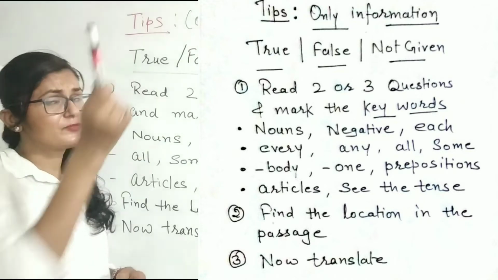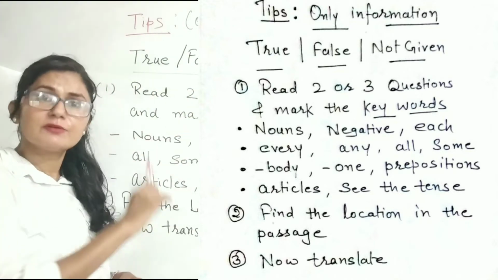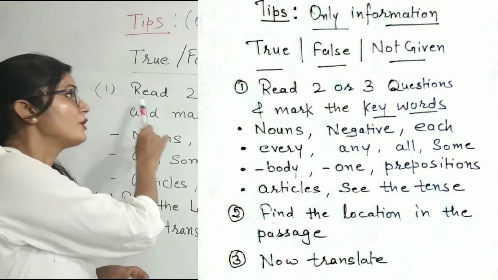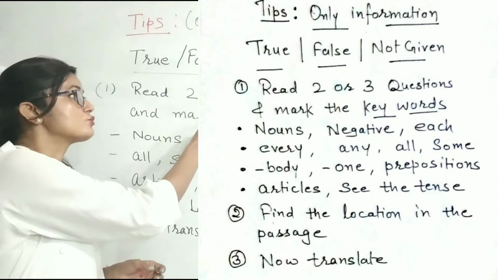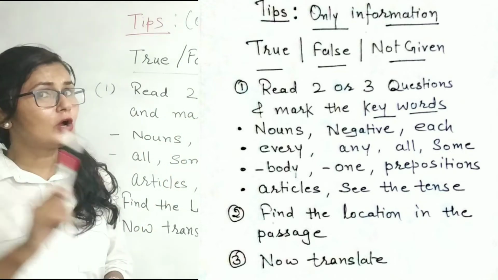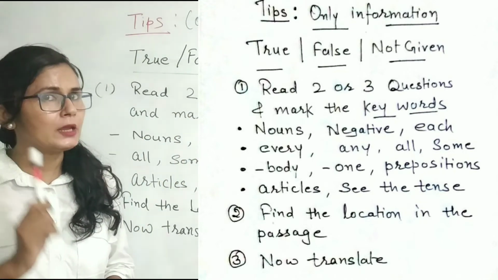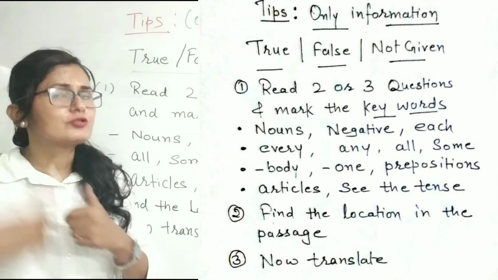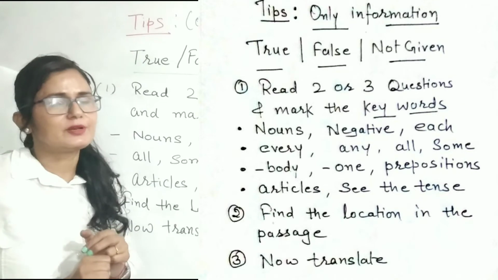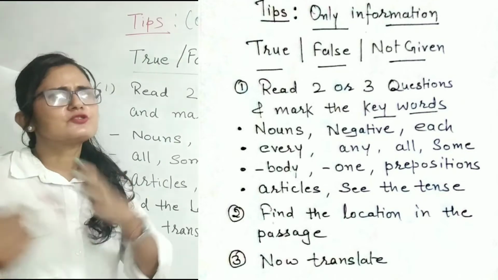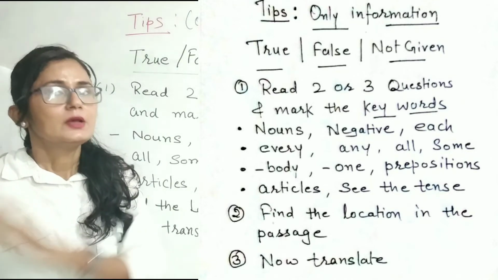So, my first tip specifically for true, false, not given is read 2 or 3 questions. Yes, you need to read 2 or 3 questions, not 1 question. Why? Because suppose the first question is not given and the second question is either true or false.